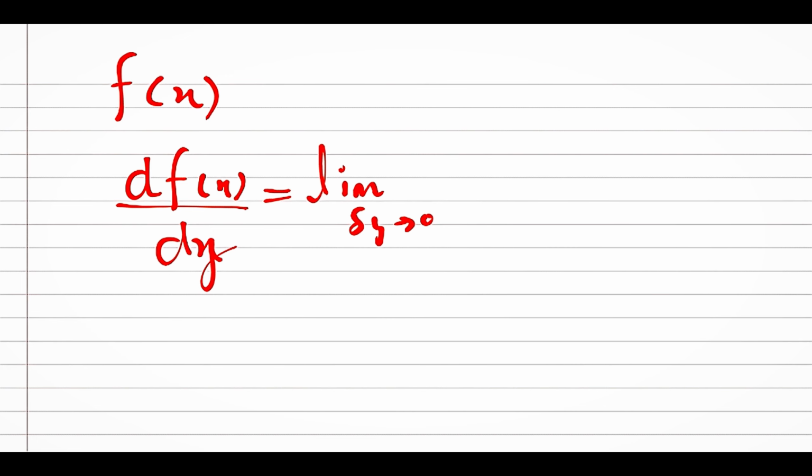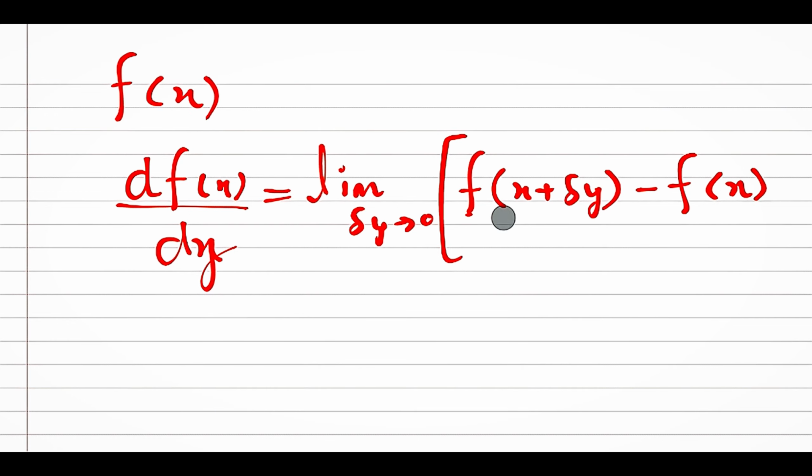It depends upon which kind of variation you are looking at. So if it is in y, it will be delta y approaches 0, and that will be equal to the function when we have this variation in it. For example, f of x plus delta y, we change the argument of the function by a small change delta y, minus the original function, divided by the change. This is how we define the derivative for functions.